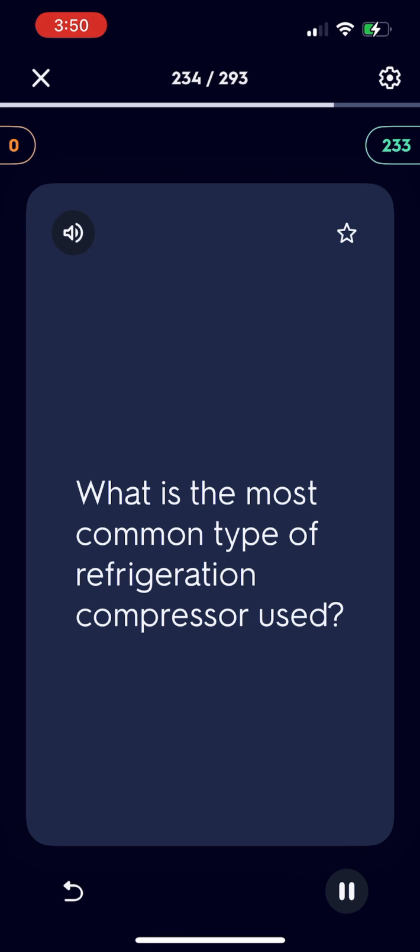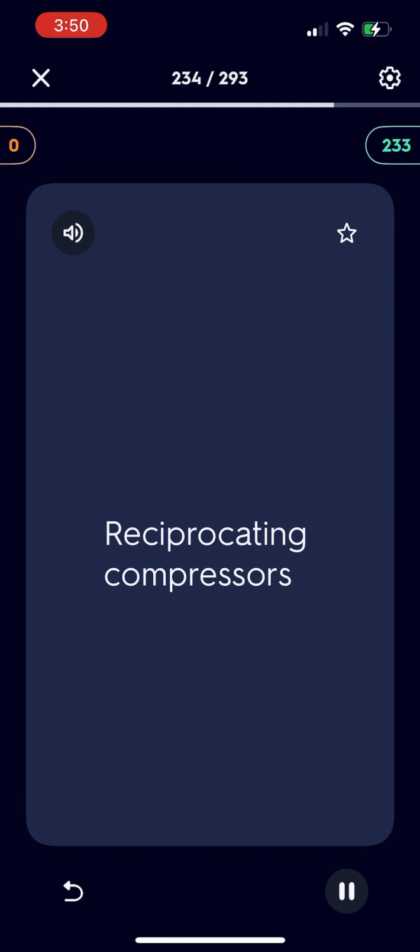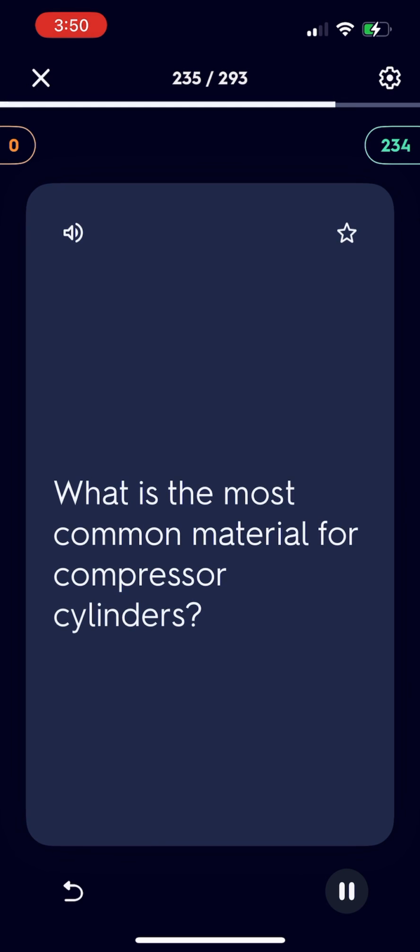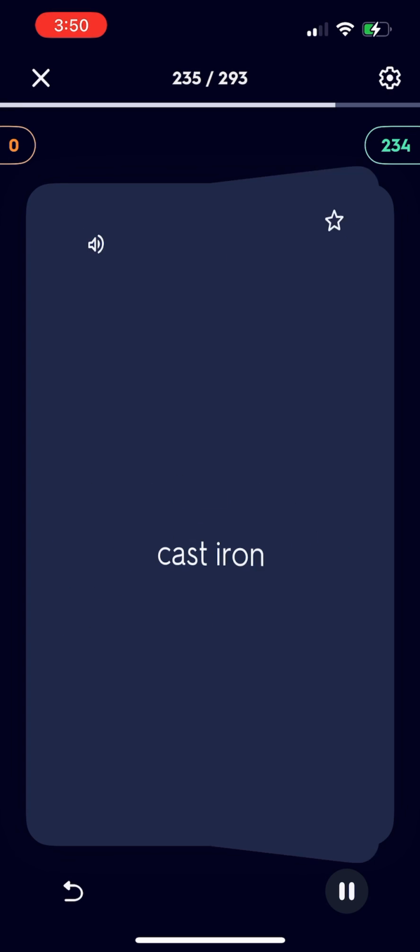What is the most common type of refrigeration compressor used? Reciprocating compressors. What is the most common material for compressor cylinders? Cast iron.